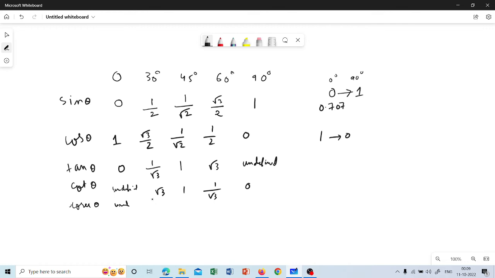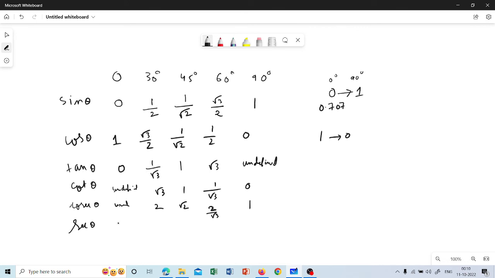Cosec 30 is the inverse of 1 by 2, so that is 2, then root 2, then 2 by root 3, and 1. Similarly I can write for the secant value. Secant theta is the inverse of cos, 1 by cos.